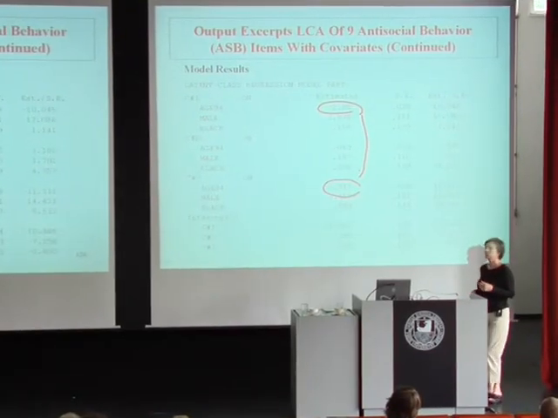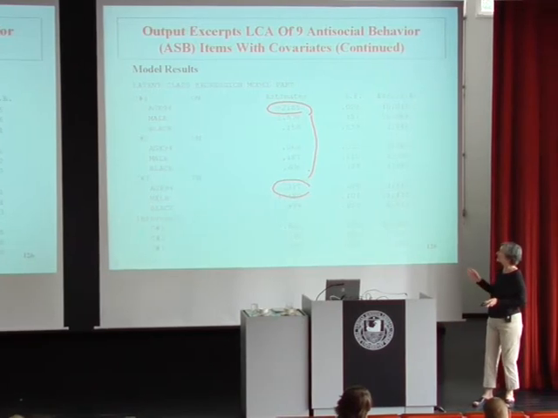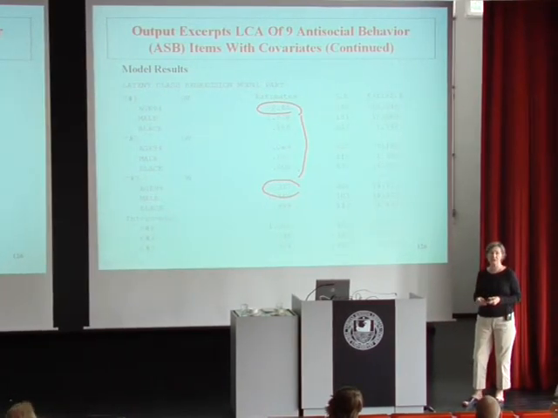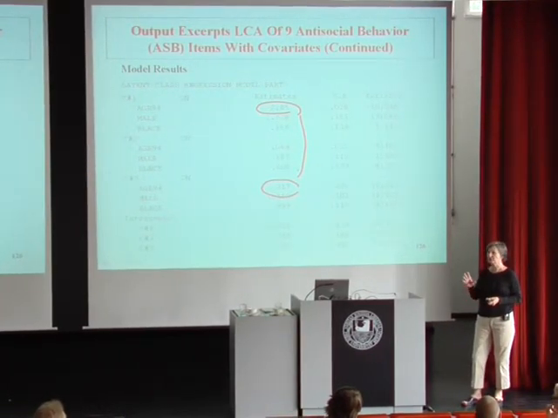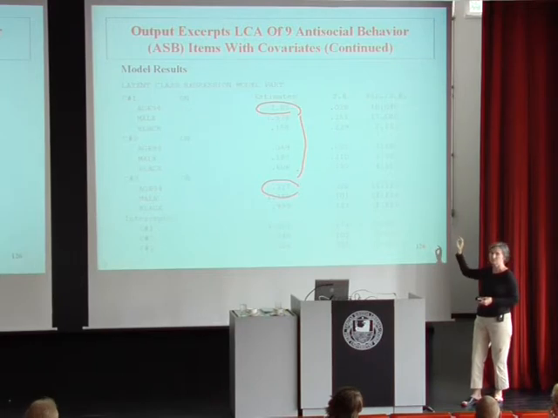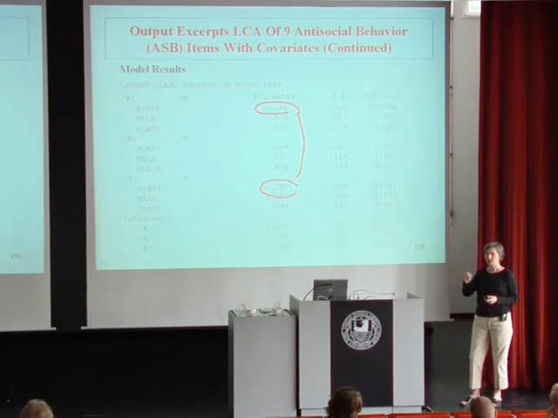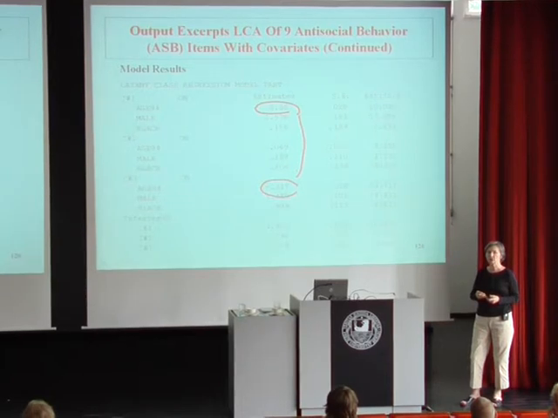Okay, there are 2 ways. You can either do difference testing. In this case, I guess we don't have chi-square, so log likelihood difference testing, where you run the model like we ran it, and in another situation where you run it holding those parameters equal, and then look at minus 2 times the log likelihood difference to see if that equality worsens the fit of the model. Or you could use what we call model test in Mplus, which does a Wald test.